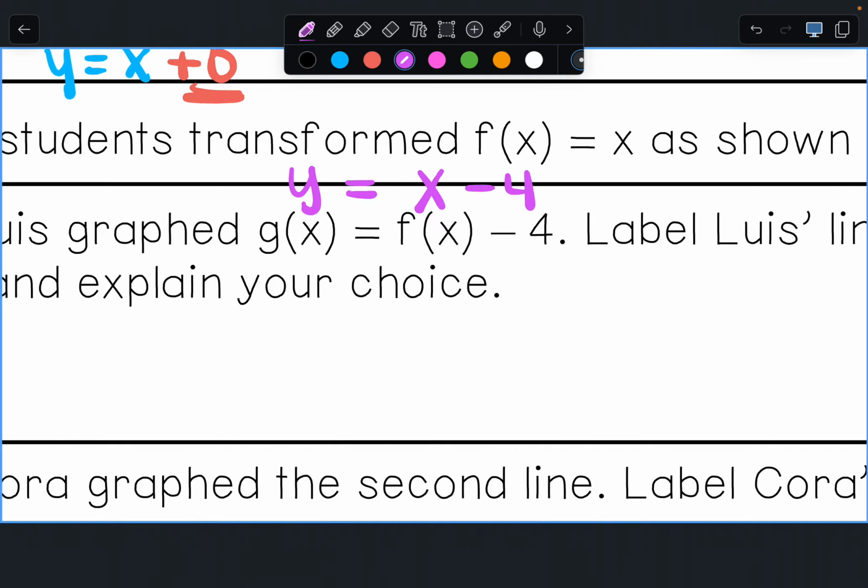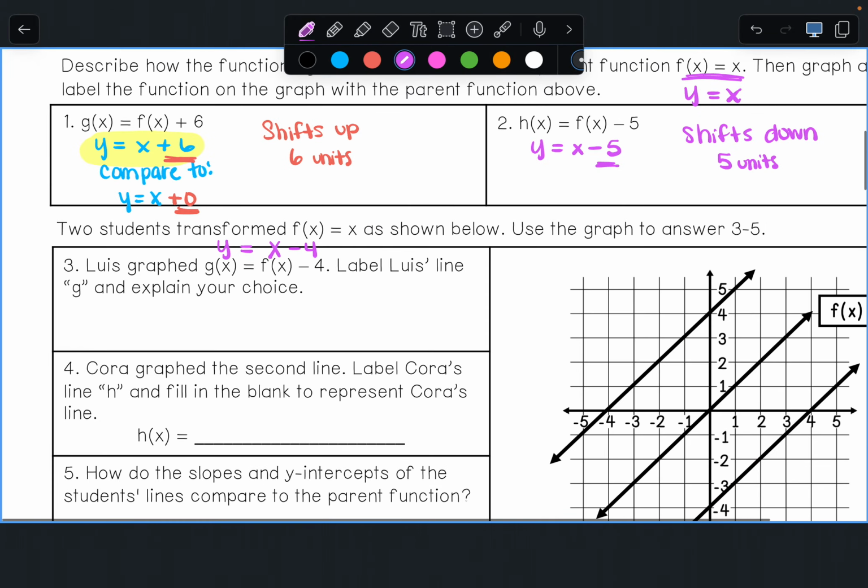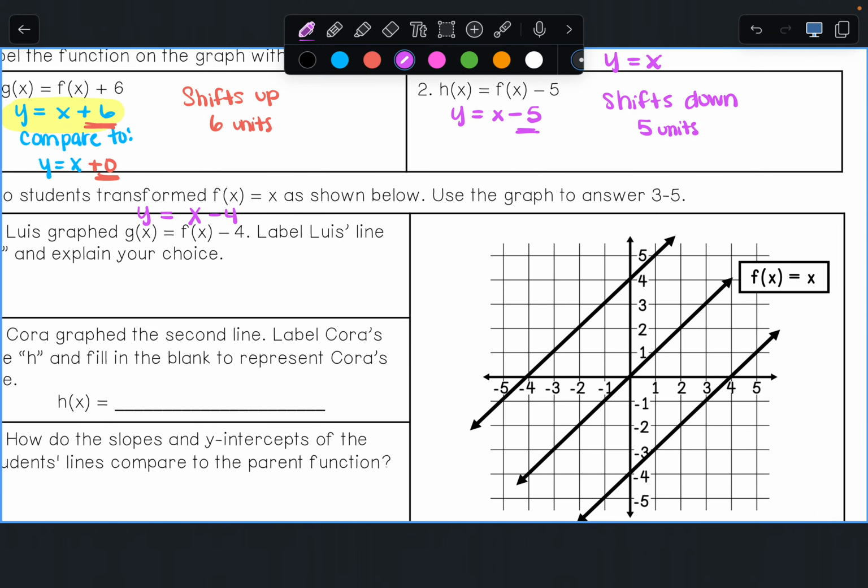Top, middle, bottom? The bottom one. So now I know that the bottom line is my g of x. This is Luis's line. And how was Luis's line changed from the parent function? It shifted down 4 units.